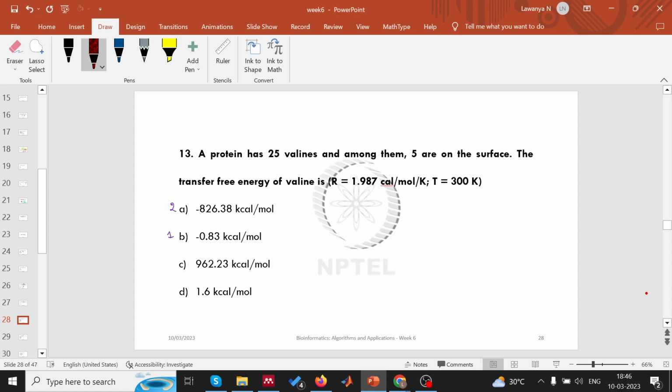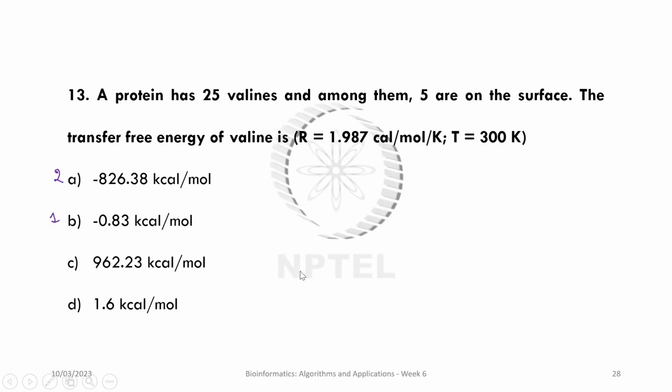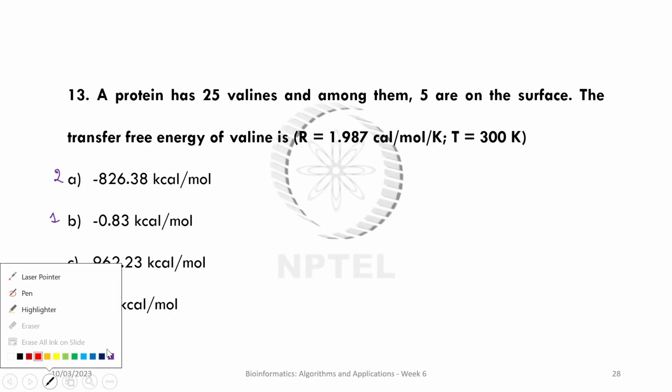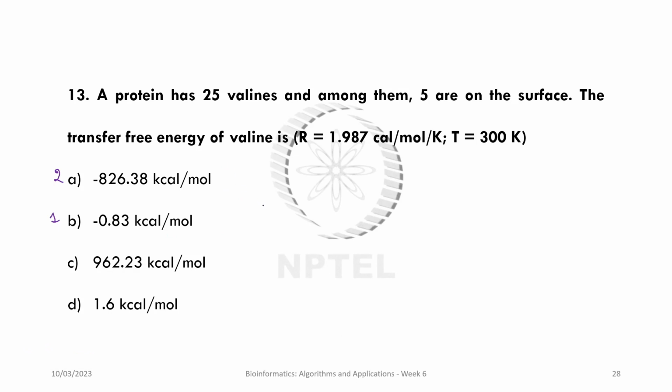How to calculate this first? What is the formula for calculating? So how do you calculate transfer free energy? It is given by minus RT ln f of i, right?